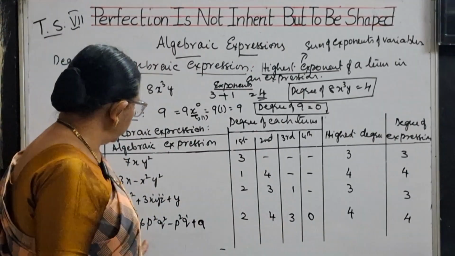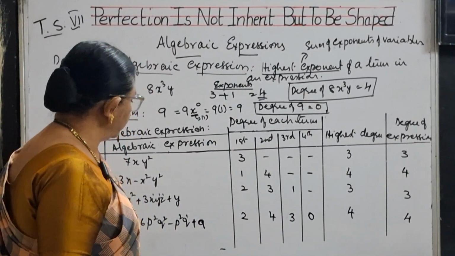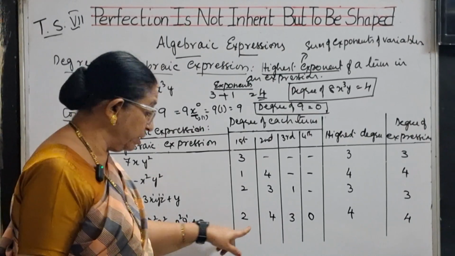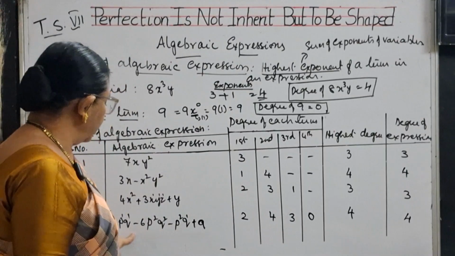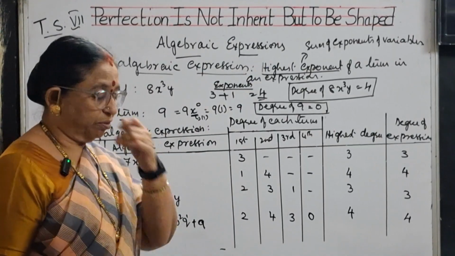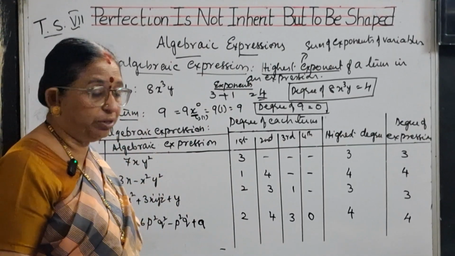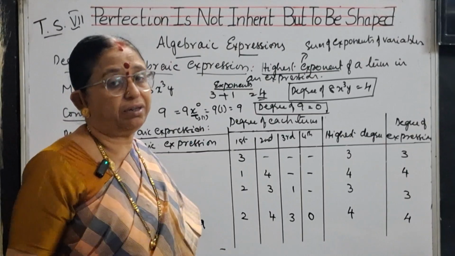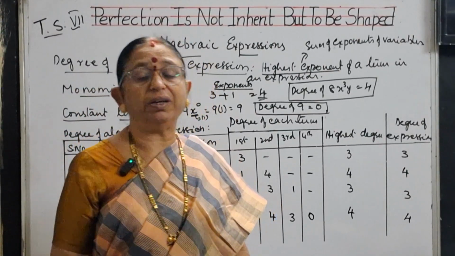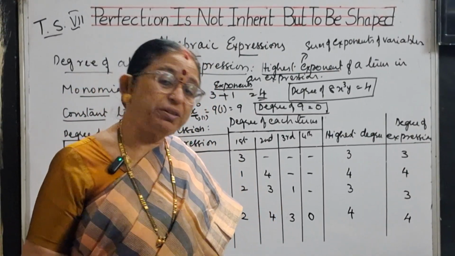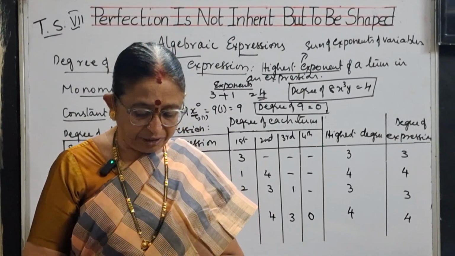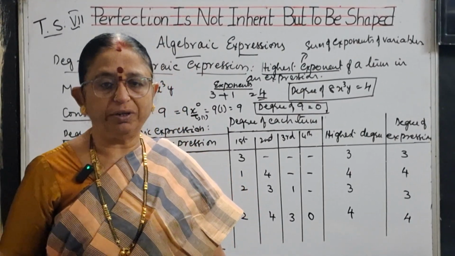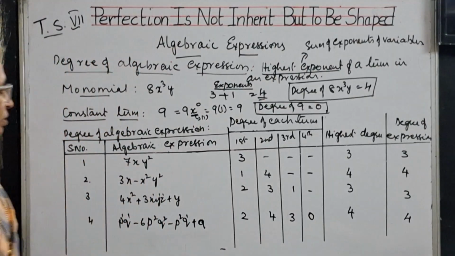After noting all the term degrees, which one is the highest? That is the degree of this polynomial. Usually in the definition, we say degree of the polynomial means highest power. Highest power of a polynomial is degree of the polynomial. Please note it down, children.